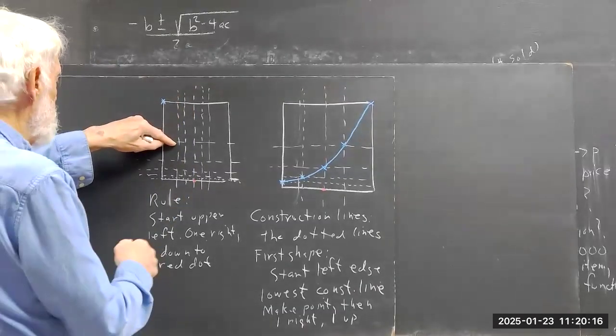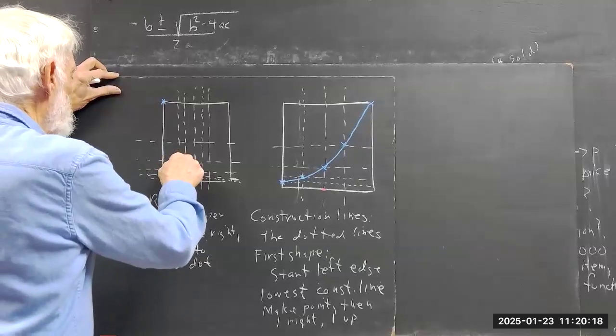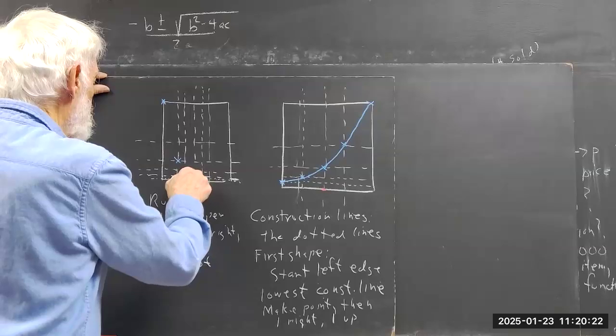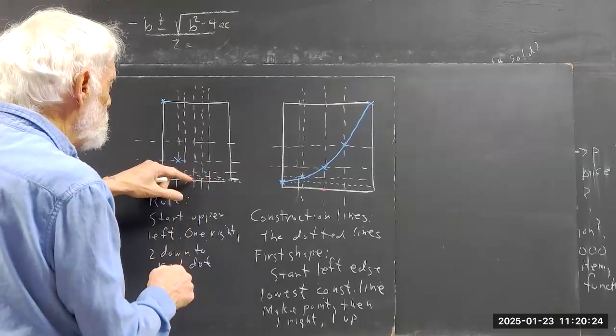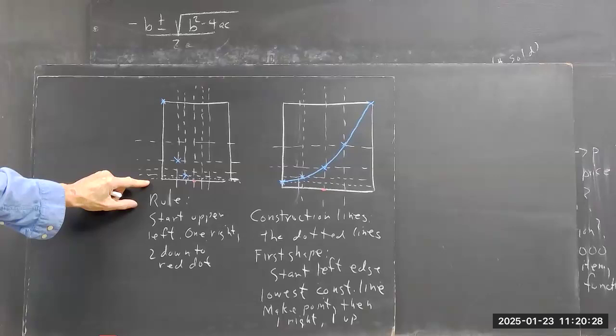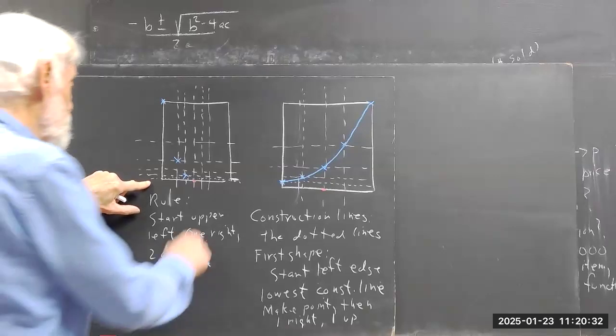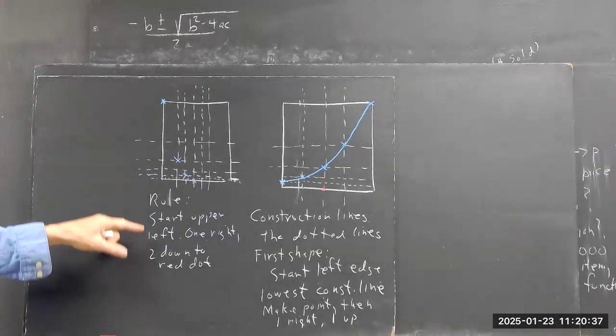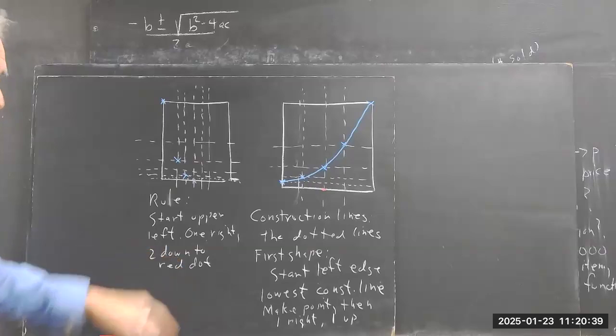One right, two down. One right, two down. One right, two down. And that's why we drew the extra line here so we could skip. Keeping the rule as simple as possible. One right, two down until you hit the red dot.